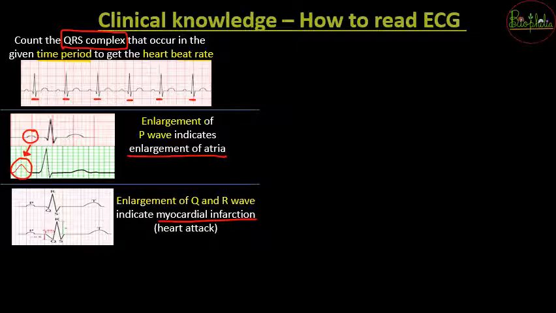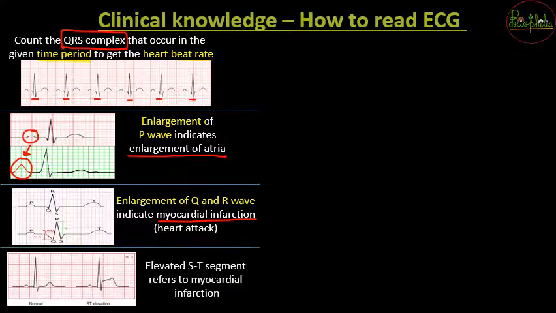So if someone has undergone heart attack and if it gets recorded in the ECG, then it can be recorded as enlargement in Q and R wave. So you can see in the photograph that Q and R wave are going to be enlarged, showing a sign of myocardial infarction.